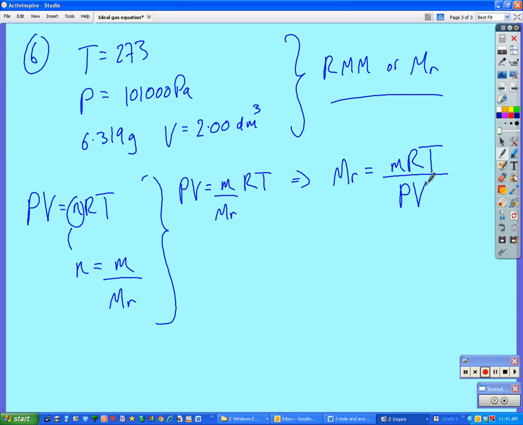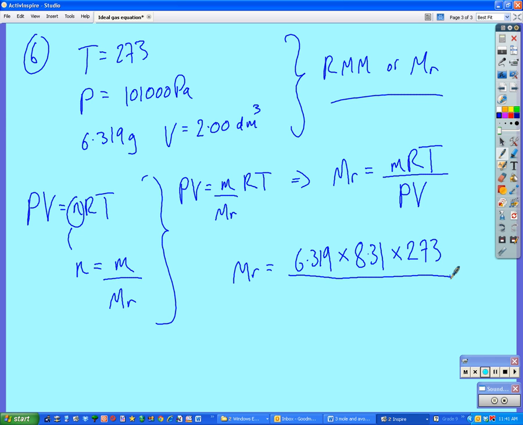So that gives me the mass, 6.319 grams. The gas constant is 8.31. The temperature is given in Kelvin as 273, so we don't convert.